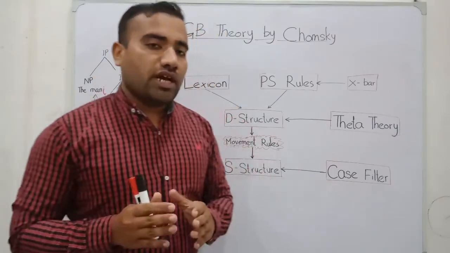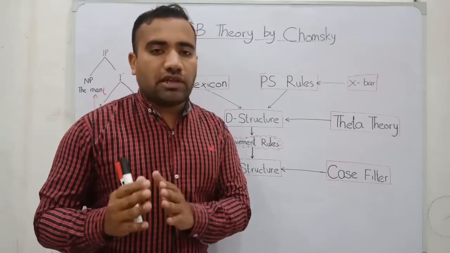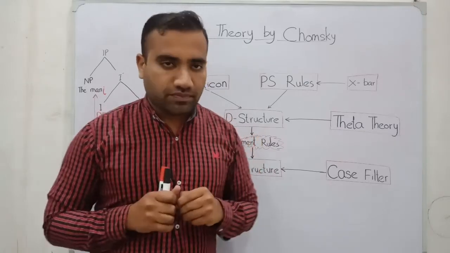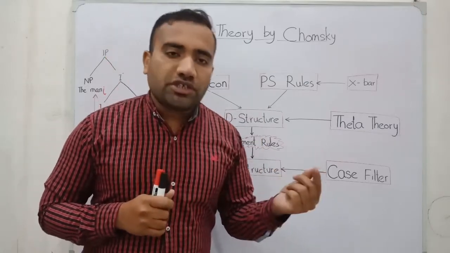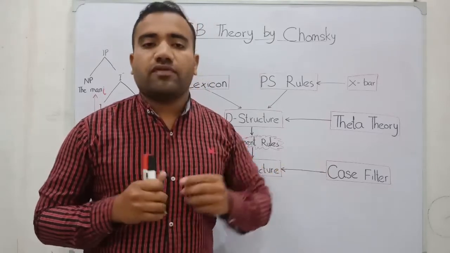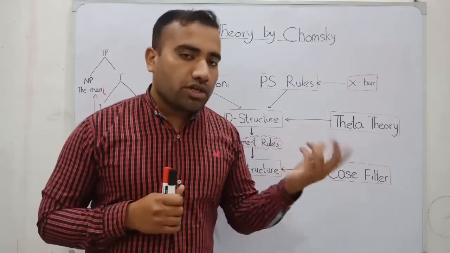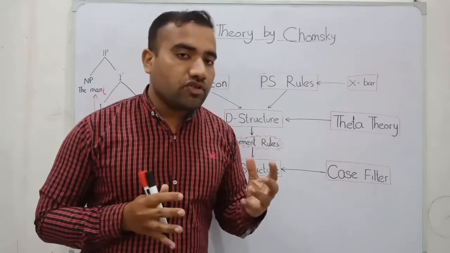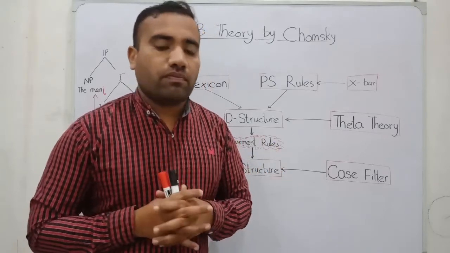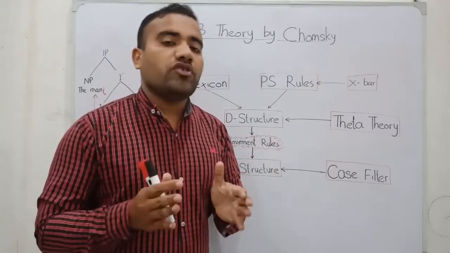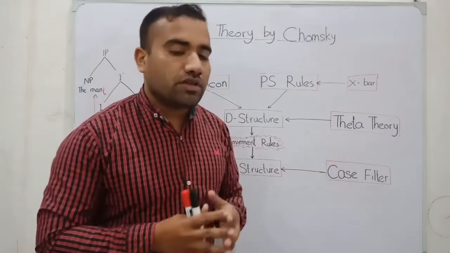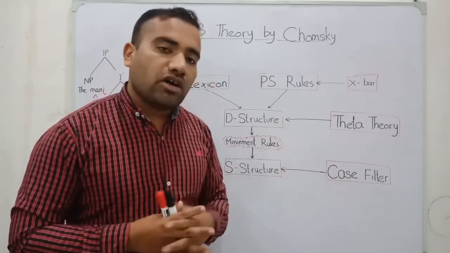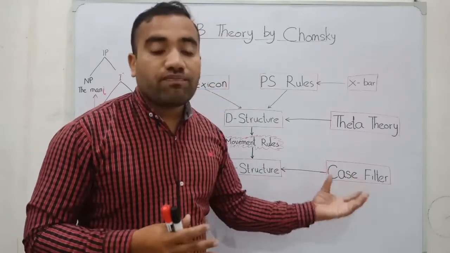Because as you know, case is very important within the language. In English, we have three types of case. Nominative case, in traditional language you can say the subjective case. Accusative case, meaning objective case. The third one is the possessive case. These are the three cases that occur within the English language, and how these cases are assigned, this is told to us by the case filter.